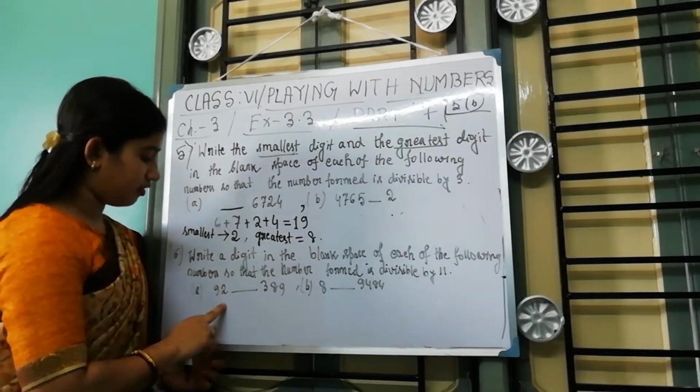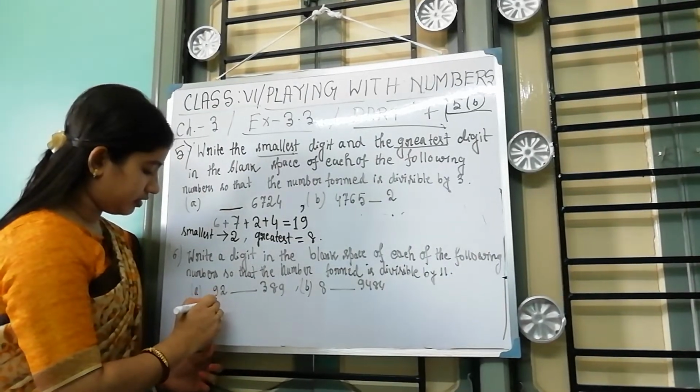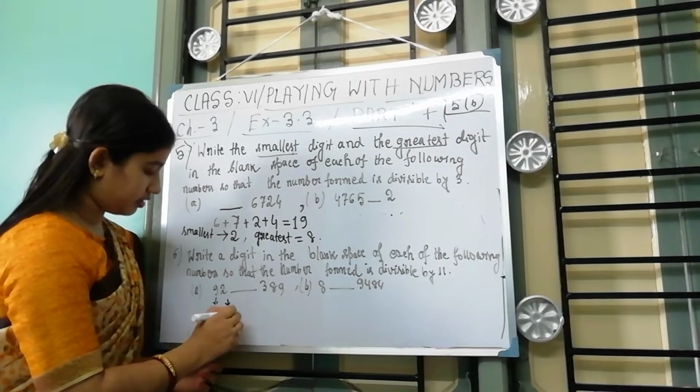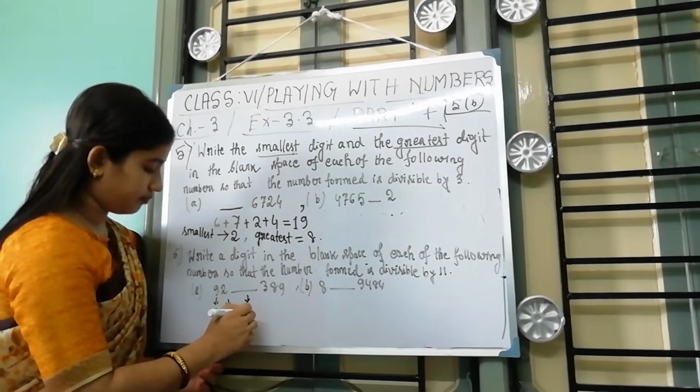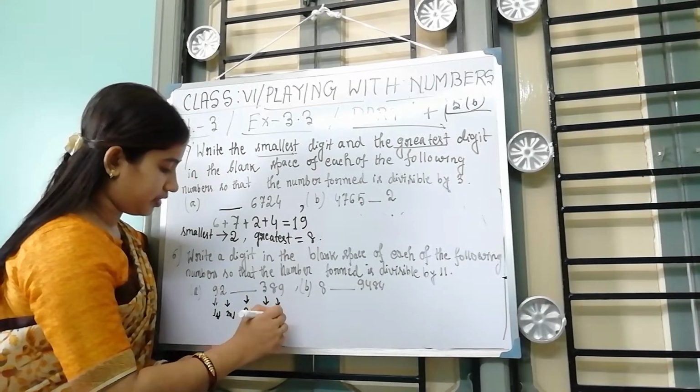Now we find the alternate digits. In number A, this is the first digit, this is the second, in the blank this is the third, this is the fourth, fifth and next.